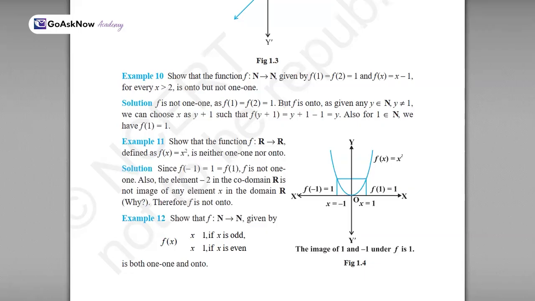So we have to prove that this function is onto but not one-one. Let's try to solve this question.